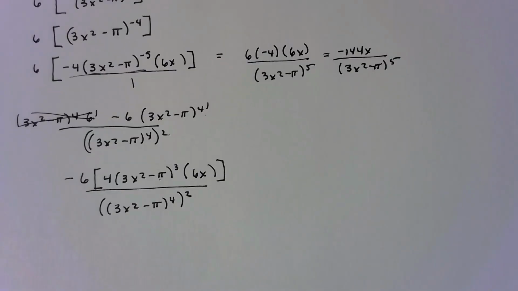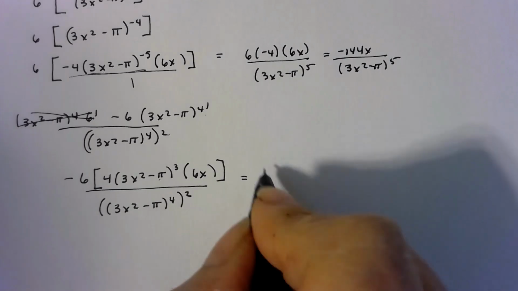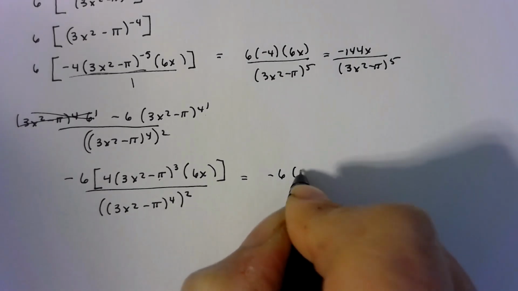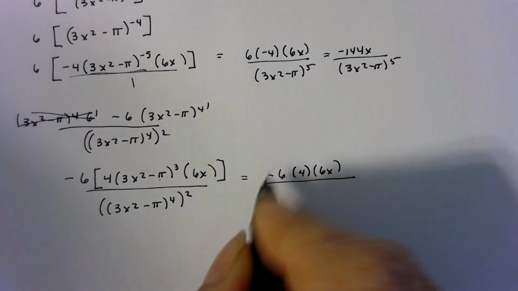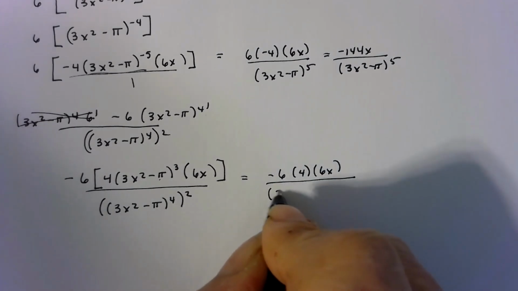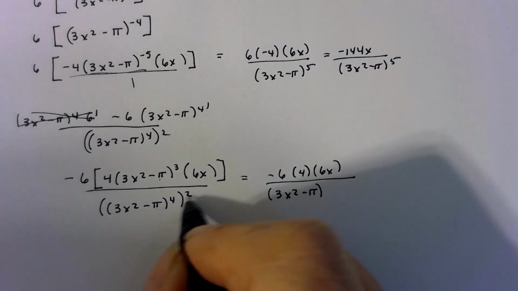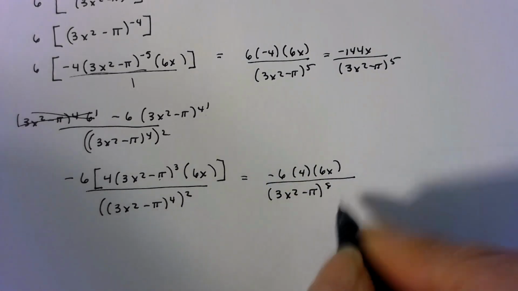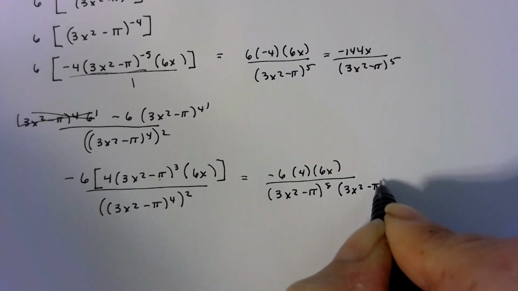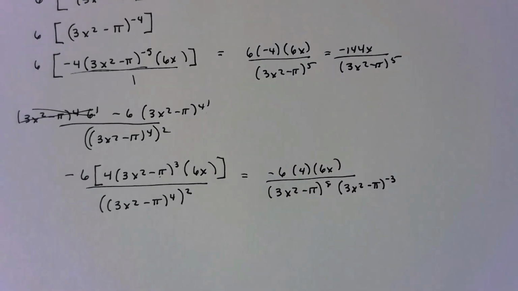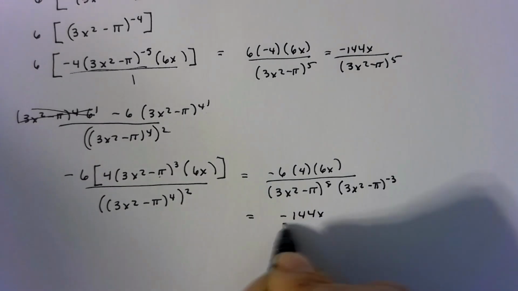That's simplified, which you're not going to do on the test. If I do the same thing here, I'm going to have -6 times 4 times 6x all over the thing that's downstairs now, which is (3x squared minus pi) to the 4th times 2 is 8, times (3x squared minus pi) to the -3, which is going to give me -144x.